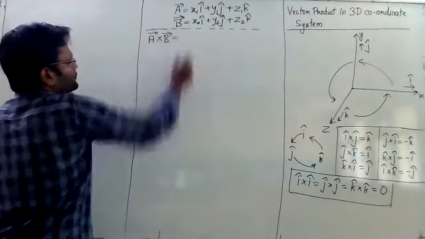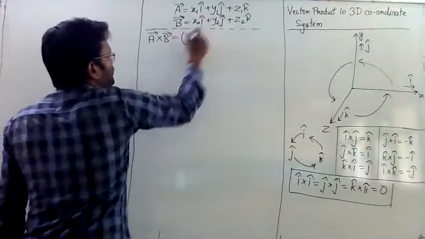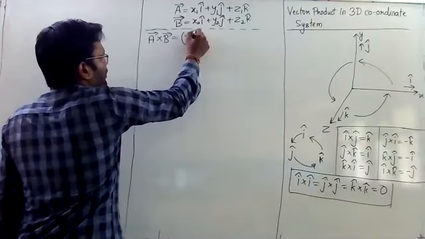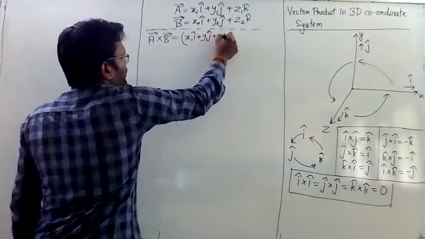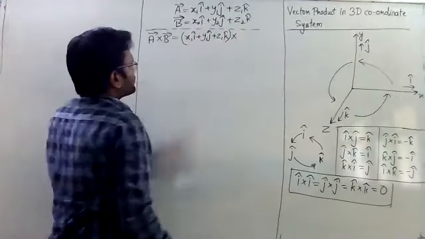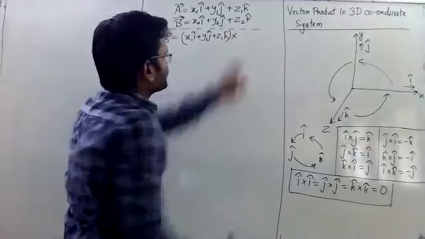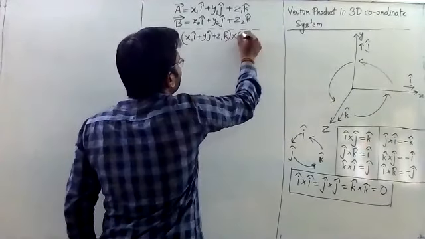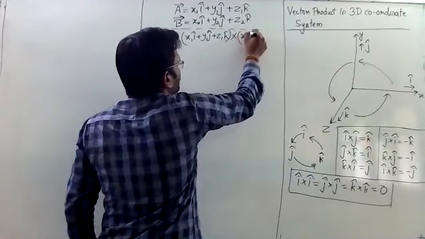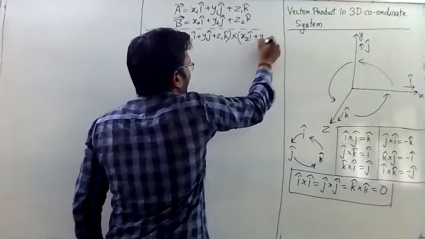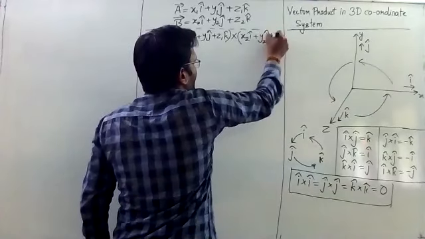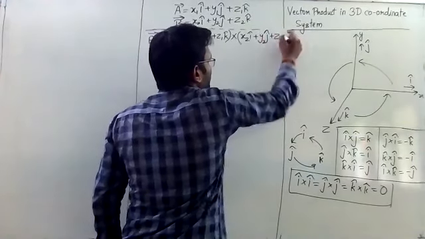A cross B means this vector x1 i cap plus y1 j cap plus z1 k cap cross, let's write B also, x2 i cap plus y2 j cap plus z2 k cap.